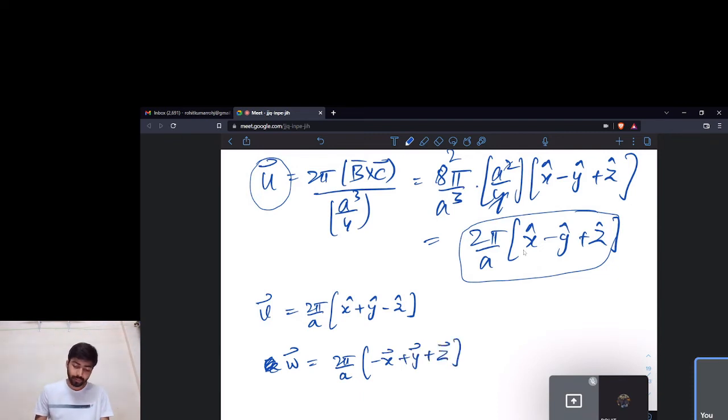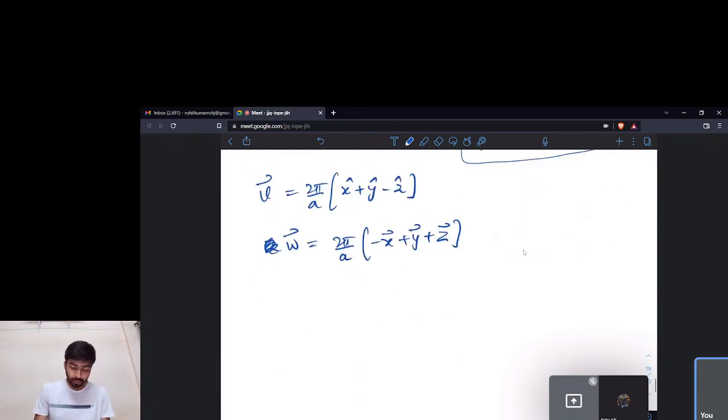Now we have these three vectors with us. Volume of these vectors will be this. Now let us find out.